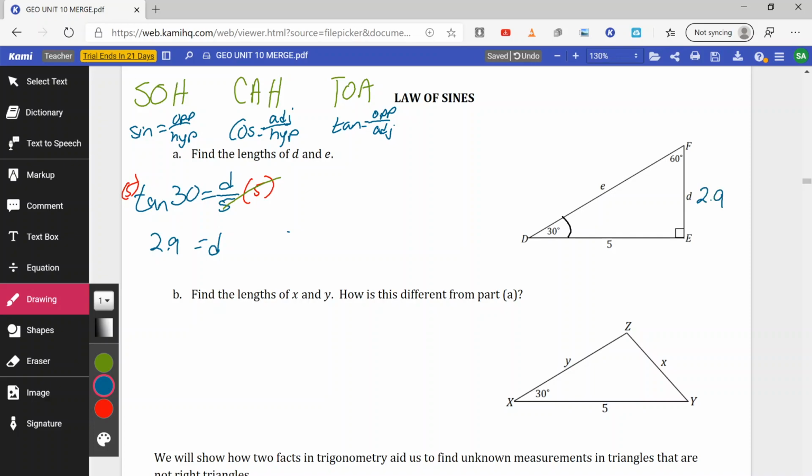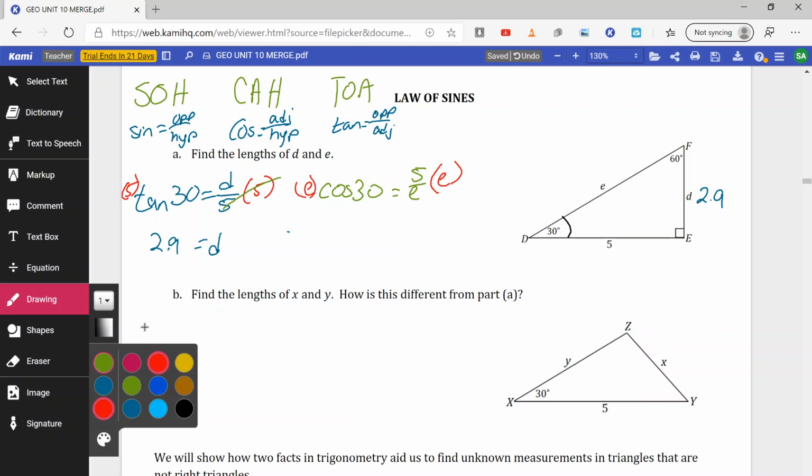Now what we have to do is figure out what side E is. Here we said side 5 was adjacent to angle 30, and side E is our hypotenuse. So here we have adjacent over hypotenuse, so 5 over E. Cosine of 30 is equal to 5 over E. We'll multiply both sides by E in order to eliminate the fraction.